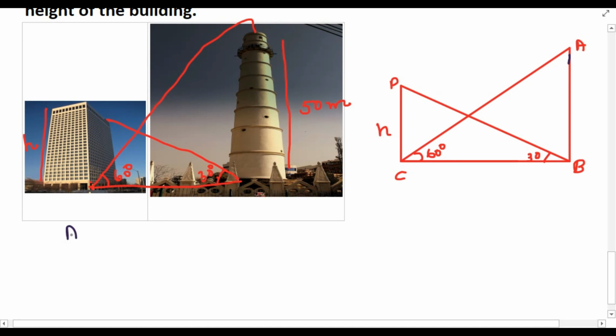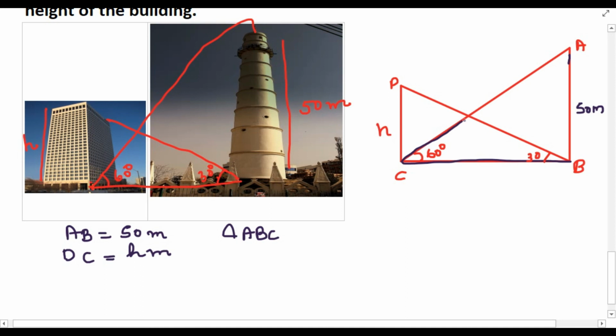So let AB be the height of the tower. It is already given as 50 meter, and DC is the height of the building that we need to find out. Let it be H meter. So first we will consider the triangle ABC. Since there are two triangles, it should not be confusing for you.